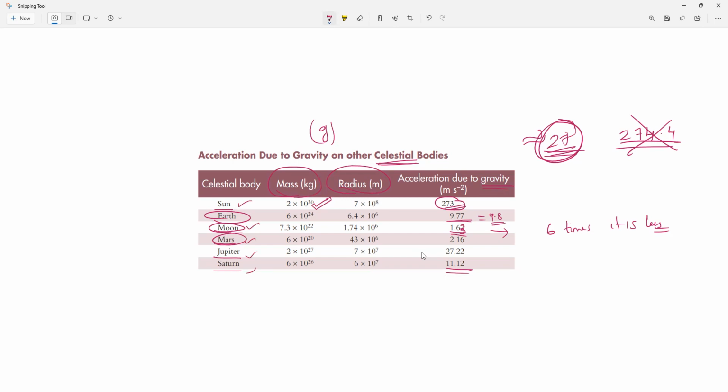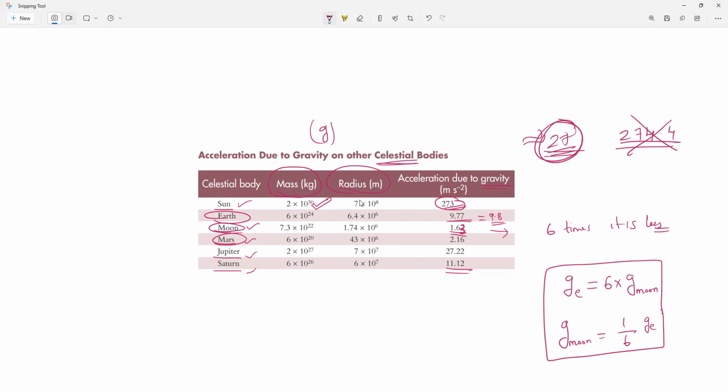So the Moon, you calculate it. Now I will form the statement, you all prove it. Gravity of Earth is equal to 6 times the gravity of Moon. Note it. Or gravity of Moon is equal to 1/6 times the gravity of Earth. Very, very important thing, so please note it.